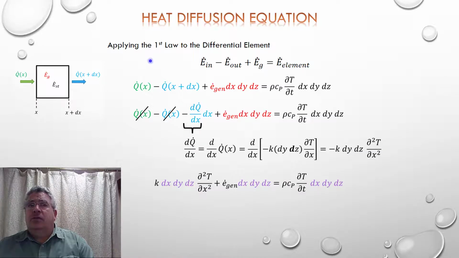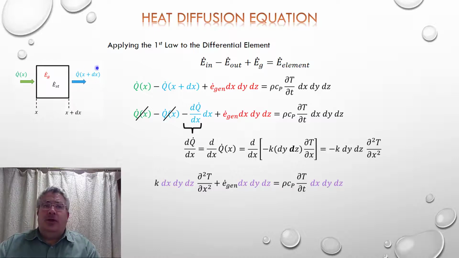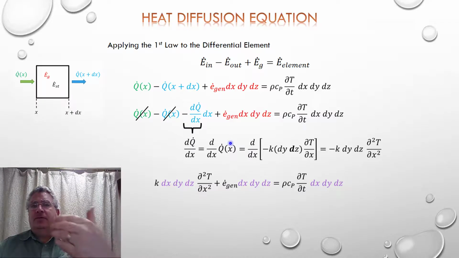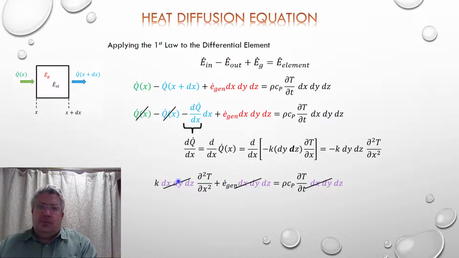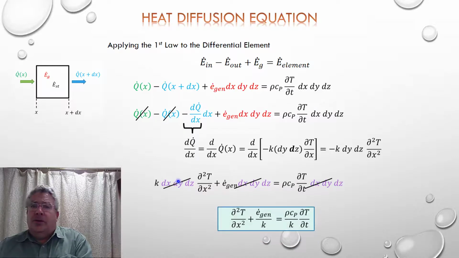Applying the first law to the differential element, where I'll use the Taylor series expansion to evaluate the rate of energy leaving the volume, and then applying Fourier's law to it, we come up to this expression. Now, of course, we can cancel out the volume term across all three of the terms, and we end up with this differential equation.